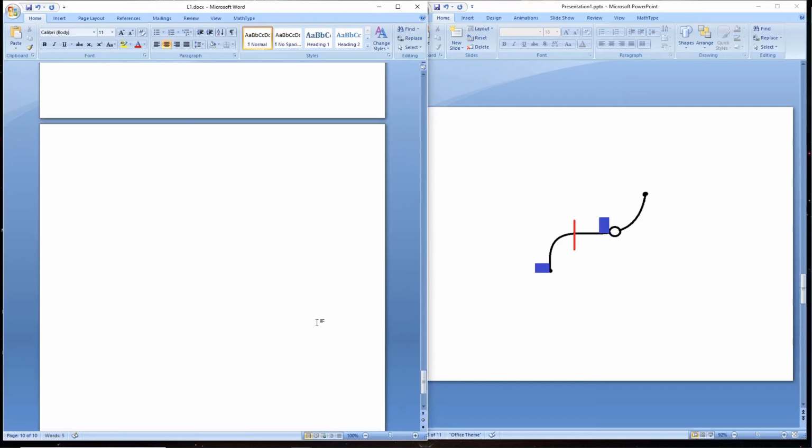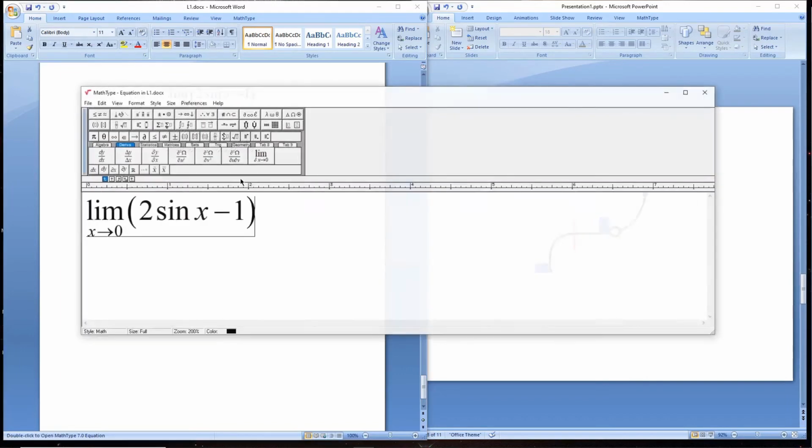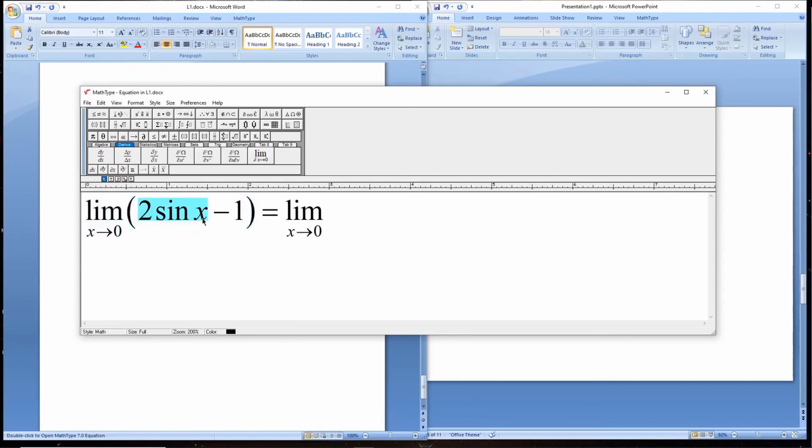So let me throw a problem up here real quick, and I'll give you another picture. Let's say we need to figure out this limit with this trig function here. And let me use some limit properties. So we know the limit distributes. So I can take the limit and distribute it to each of these terms.